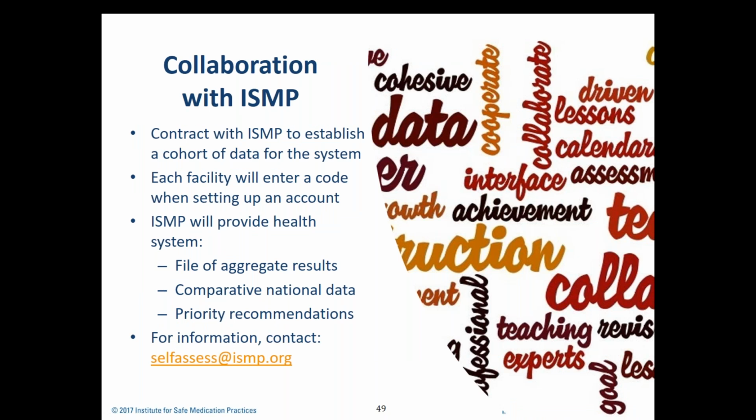And finally, as Becky mentioned, health systems have the ability to contract with ISMP. There is a charge for this because of our IT time and actually setting up the reports back to the hospital.